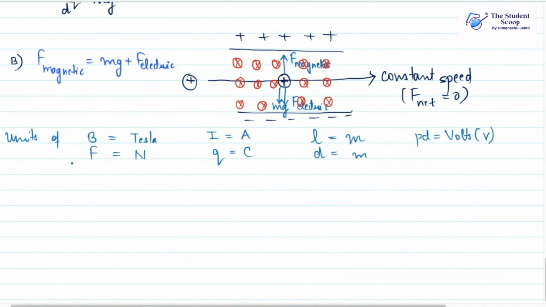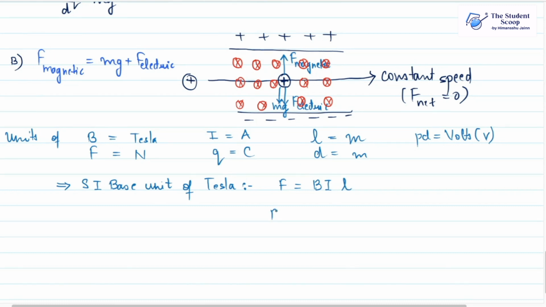Now, if you see in front of you, there are certain units written. What is one possibility that they can ask you under MCQs, where they just want to check your application of units? Let's say you want to find the SI base unit of Tesla. Then the formula we can use is F equals BIL. Sine theta would not have any unit, so we're not writing it.